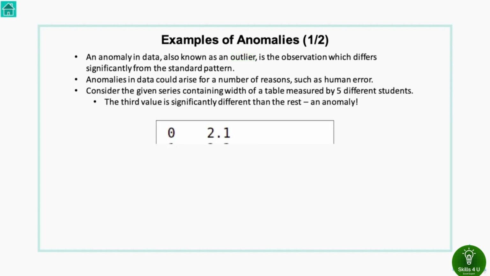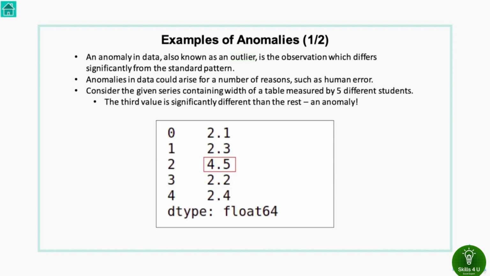For example, consider the series containing weights of the same table measured by 5 different students. 4 of the values are pretty close to each other, but the middle value, which is 4.5, is way bigger than the rest. This could indicate that the third student was very careless while measuring, or that the instrument they used was defective.